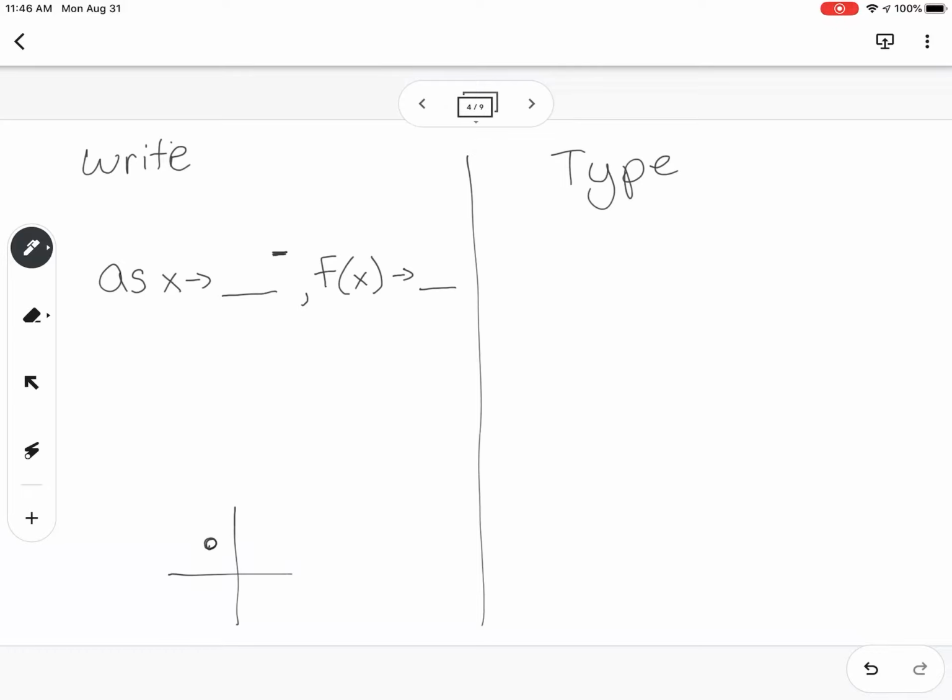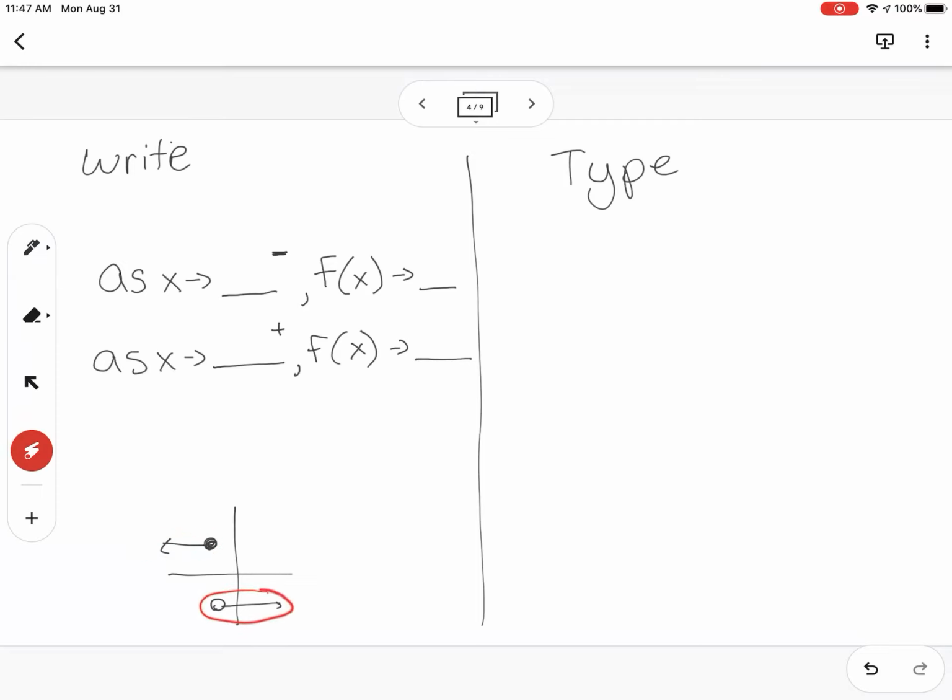So if your graph has this point, that means what's it doing as it's coming up from the left side. And then for the other one, as x approaches the number from the right side, what's the function doing? So left side, right side. I'm just going to make a note here.